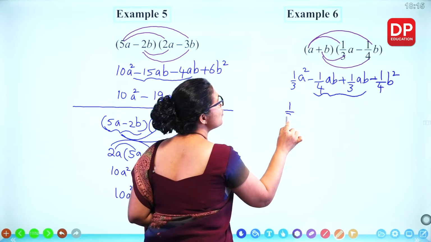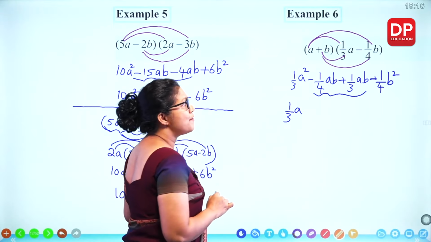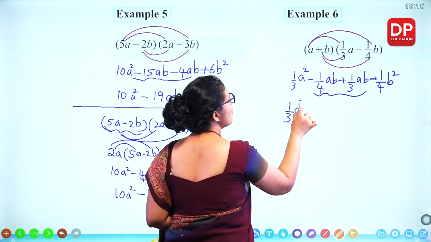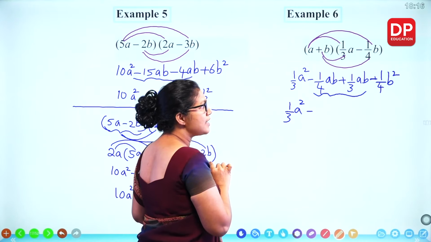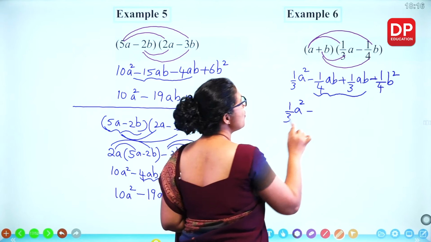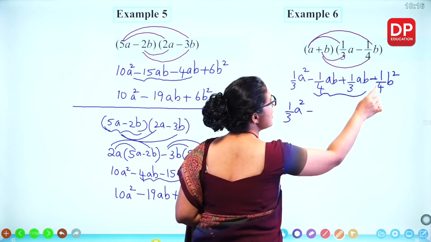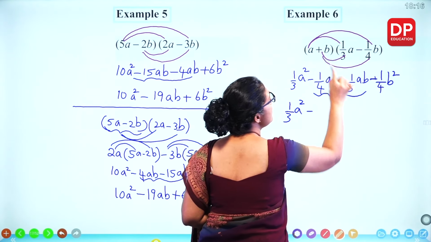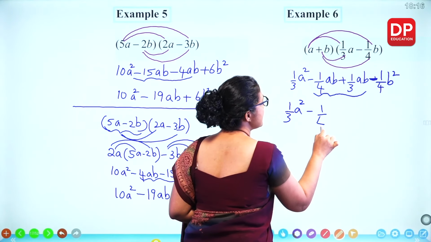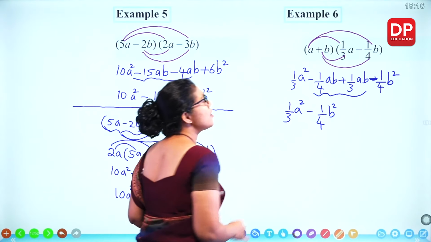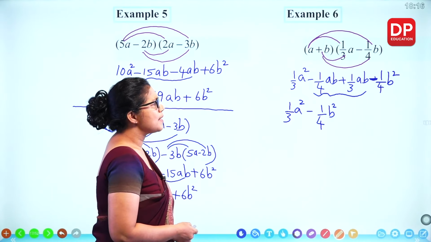Now, you need to know how to add fractions. So, in chapter 3, we did fraction addition and subtraction. Now, you need to know how to add this. So, here these two you can write as it is, but this one you have to simplify. So how do we simplify?